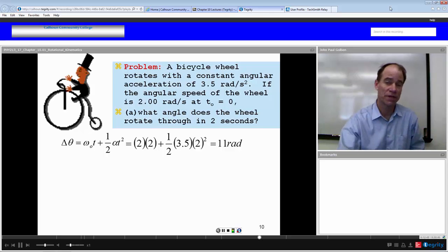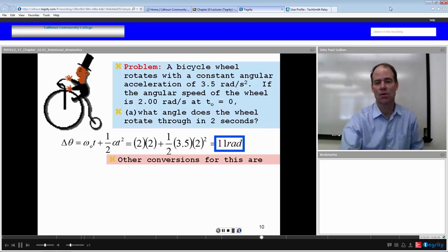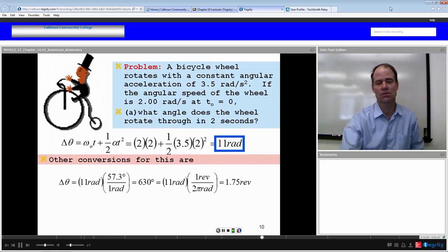We might be interested in expressing that angle in either rotations or revolutions or degrees. So if we know that there's 57.3 degrees per radian, multiply that by 11, that would be 630 degrees.